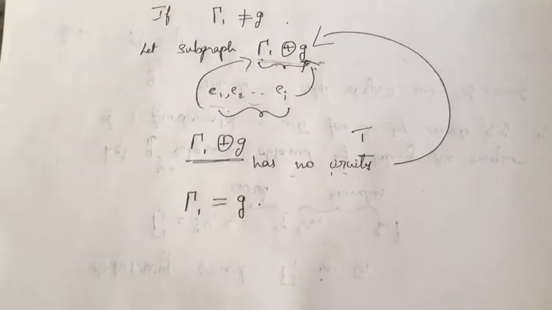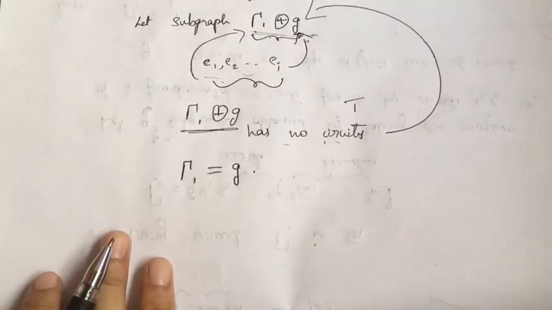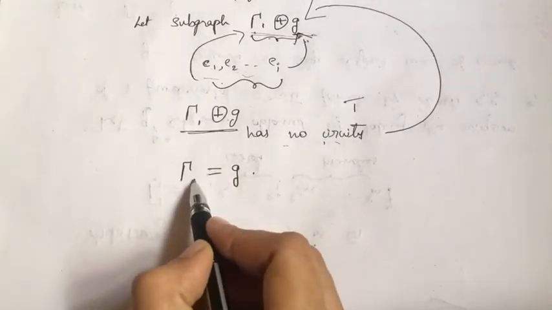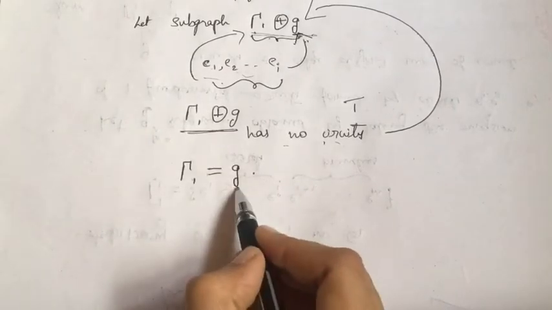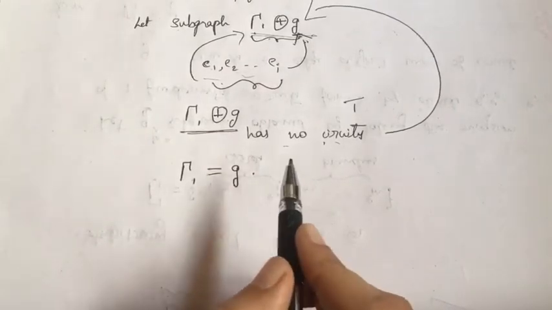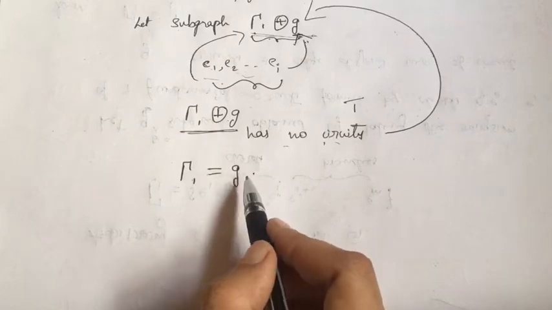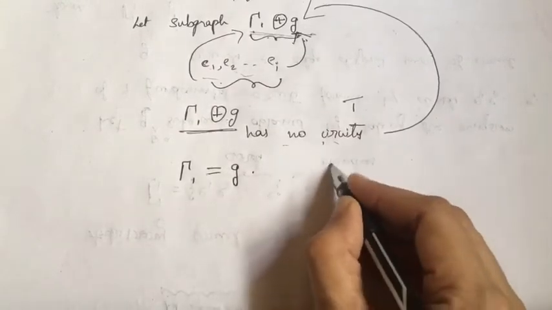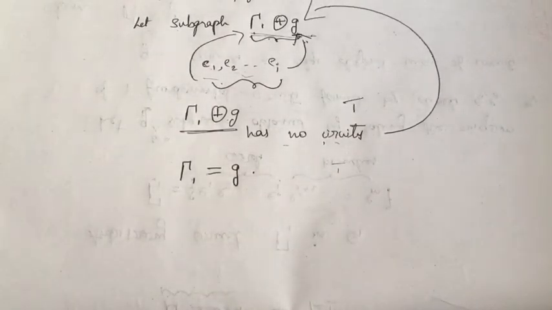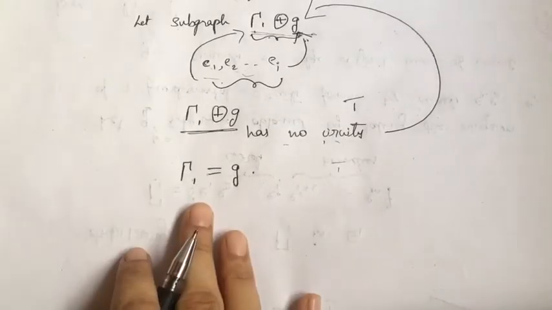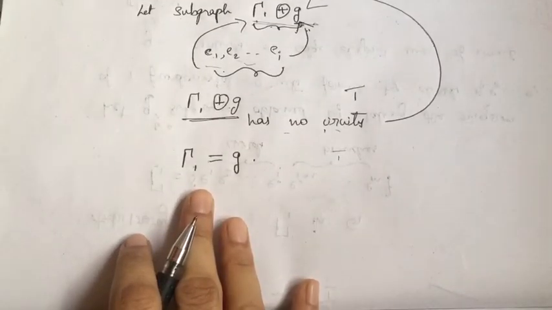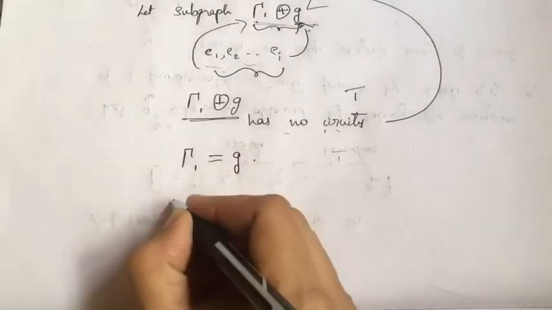Thus we have shown that any circuit in G can be expressed as a ring sum of fundamental circuits with respect to a particular spanning tree, say T. Therefore, I can say that vectors corresponding to a set of fundamental circuits span W gamma.